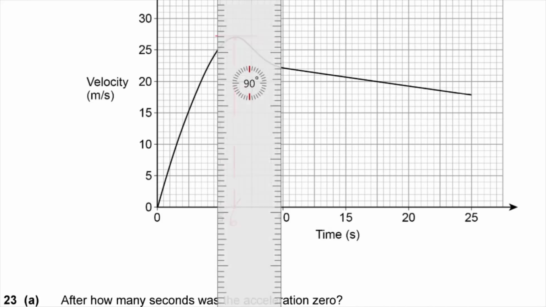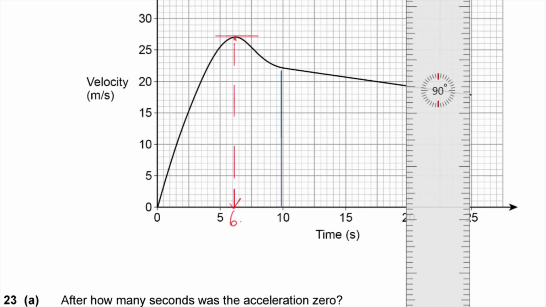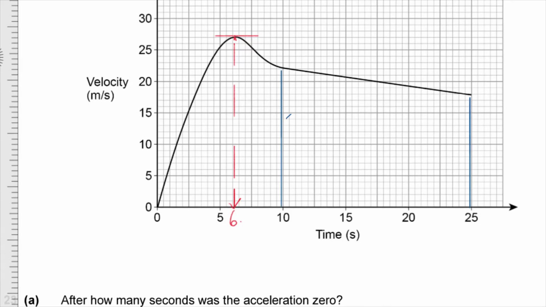So it's this section here, from here down to here. Now you'll see that this section of the graph is a straight line. Okay, so this section here we're looking for.